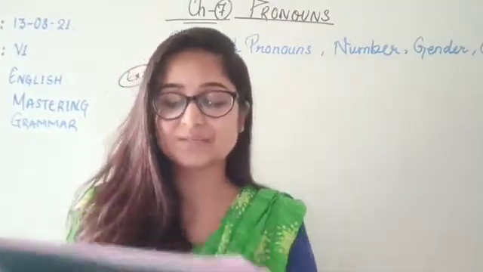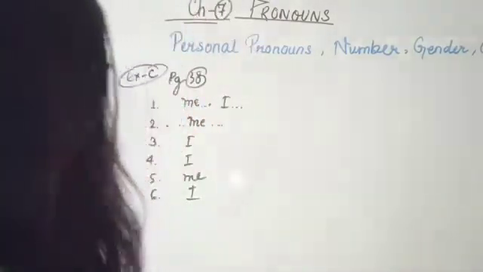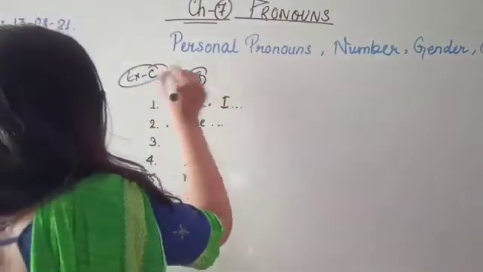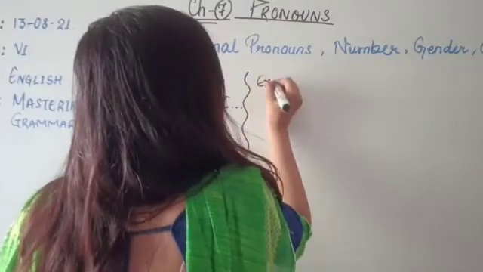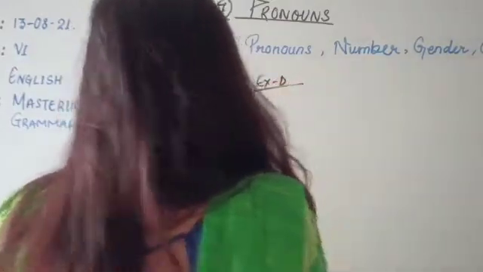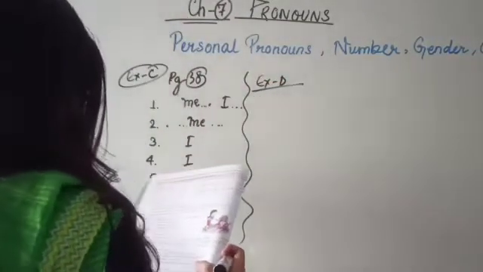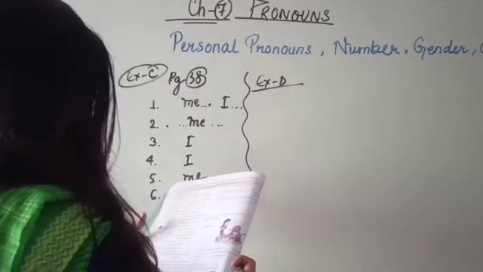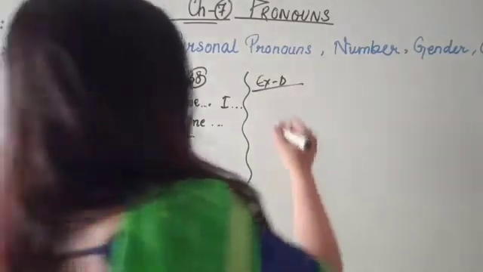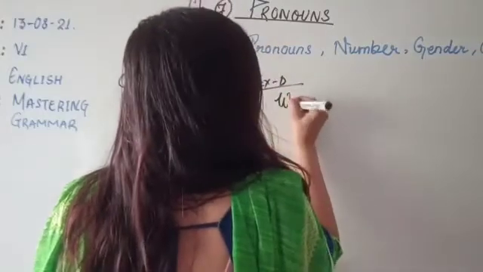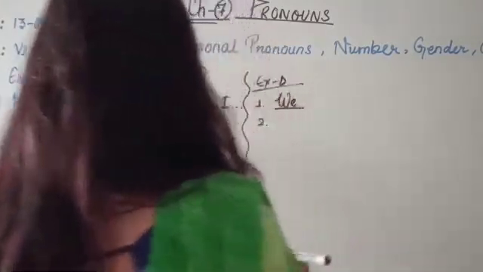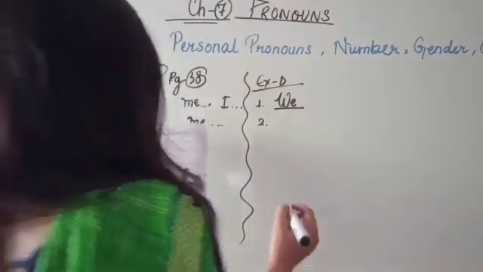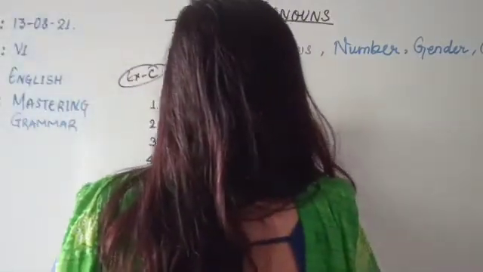Now fill in the blanks with we or us. We have the next exercise. This one was C. Now we have exercise D. Some easy exercises. Dash must save water. We must. In subject we are going to use we. We must save water. Number 2, they should have called us on time.